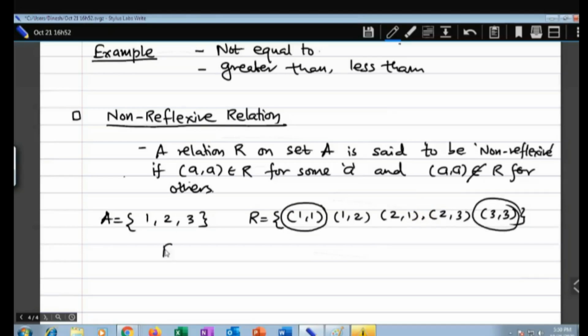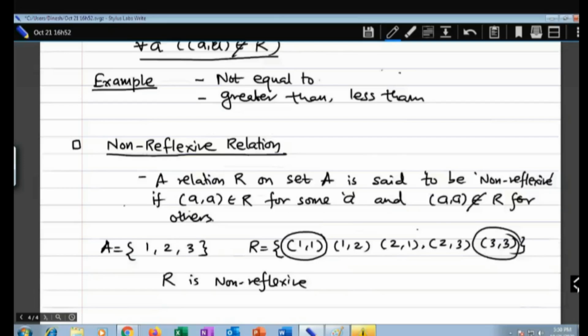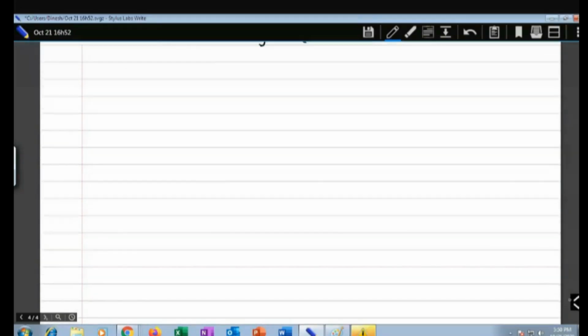So R in this particular example is non-reflexive. If we added 2 comma 2, then R would become reflexive. Otherwise, this is non-reflexive. So this is about non-reflexive relation.